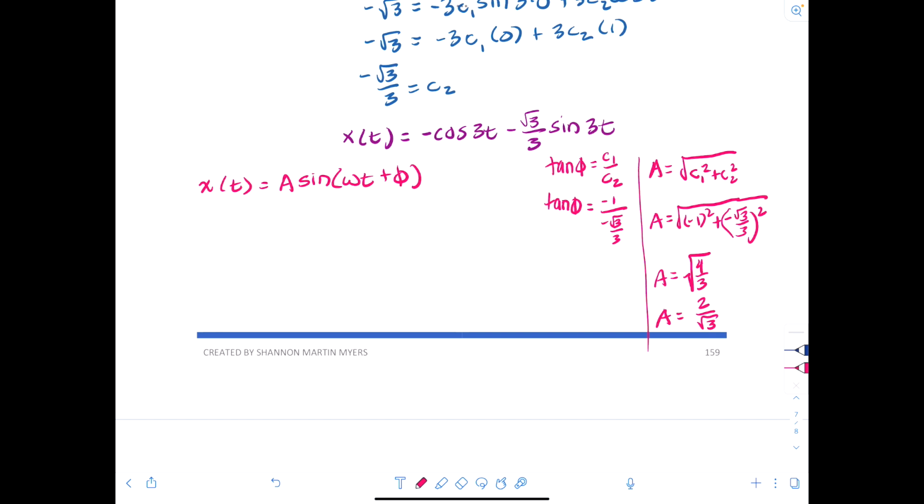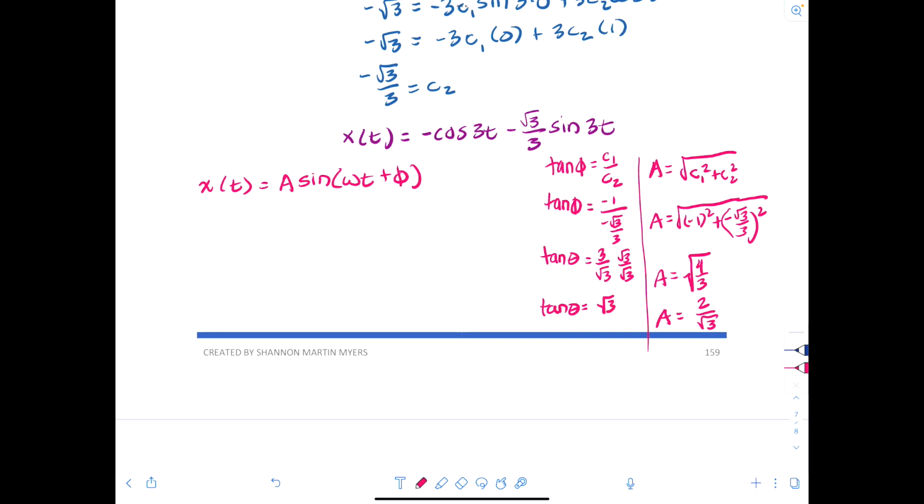So simplifying this a little bit, what are we going to get? Tangent phi is equal to 3 over √3, all right? But then when you re-rationalize that, you're going to get tangent phi is equal to 3√3 over 3, so you just get √3.